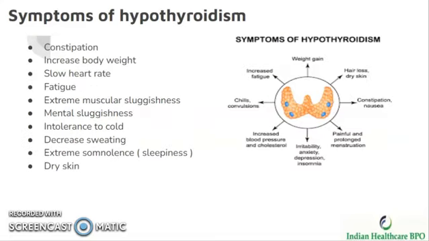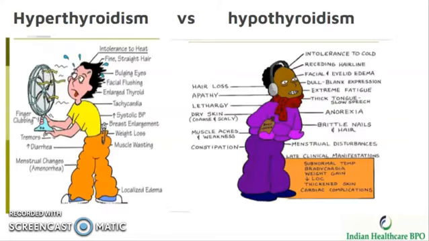Symptoms of hypothyroidism include constipation, increased body weight, slow heart rate, fatigue, extreme muscle weakness, mental weakness, intolerance to cold, decreased sweating, extreme sleepiness, and dry skin. This is the differentiation between hyperthyroidism and hypothyroidism.